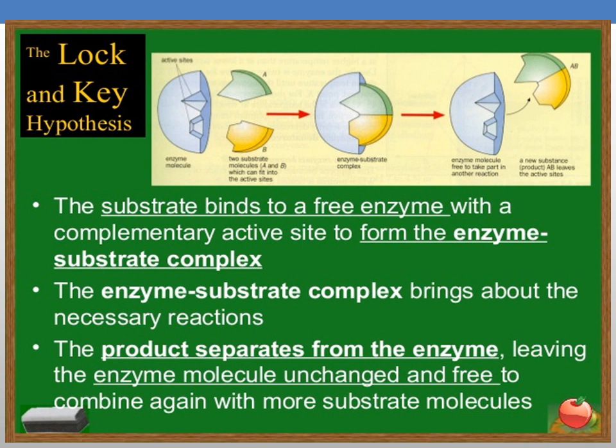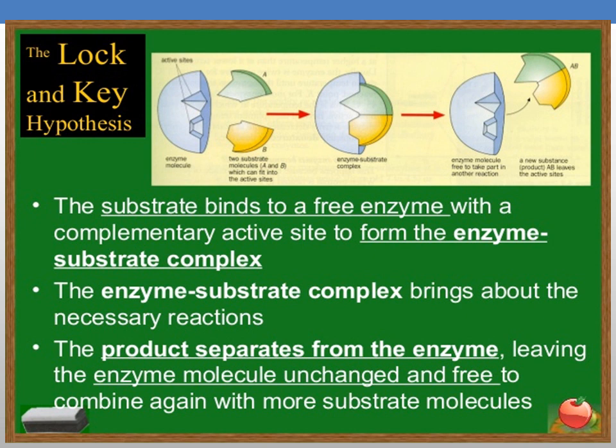The lock and key hypothesis says that, like how every lock has its own key which can unlock a particular lock, like that, every enzyme is unique and specific for a reaction.